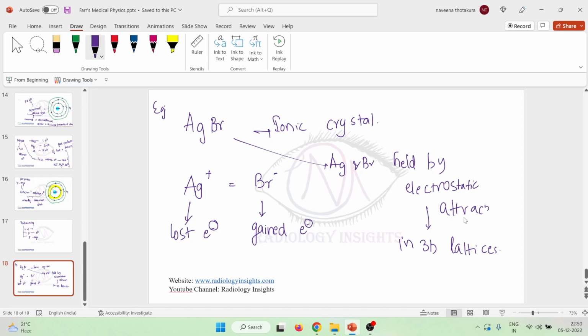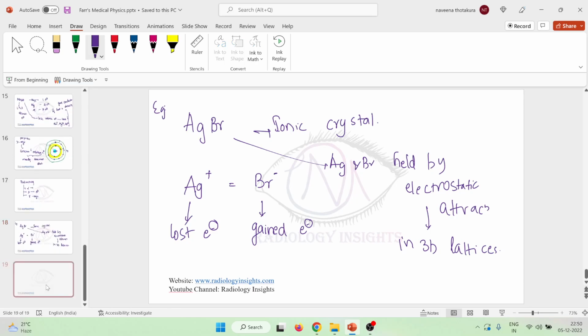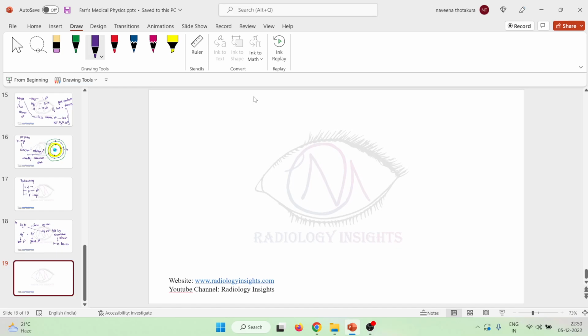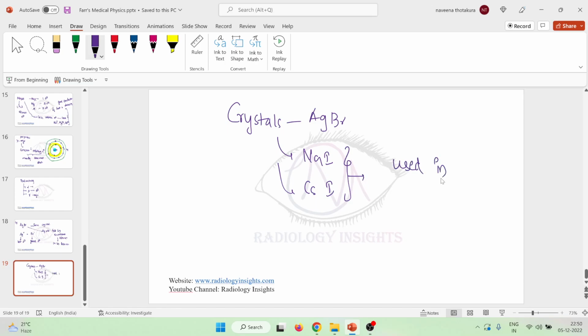Other examples of such crystals are AgBr, sodium iodide, and cesium iodide. Sodium iodide and cesium iodide are used in imaging equipment.